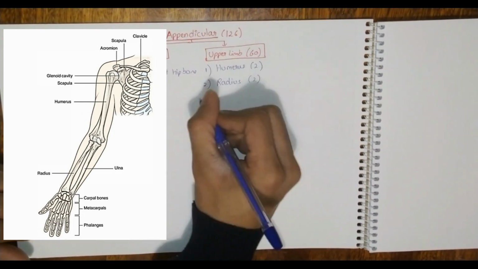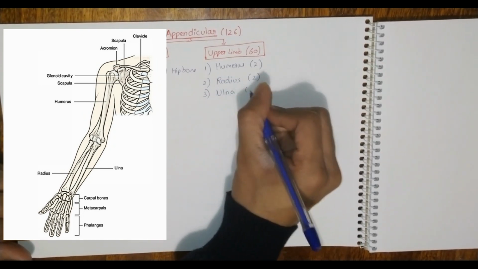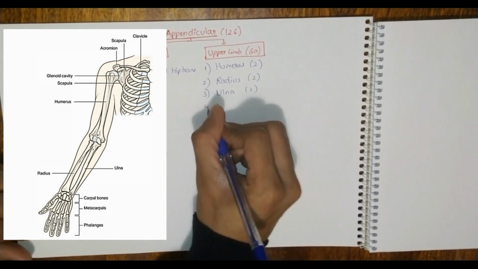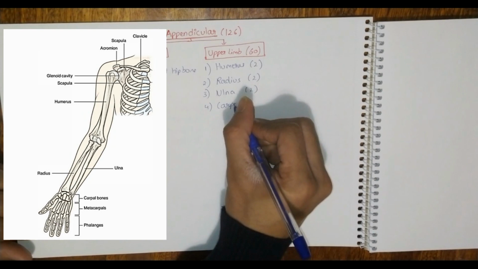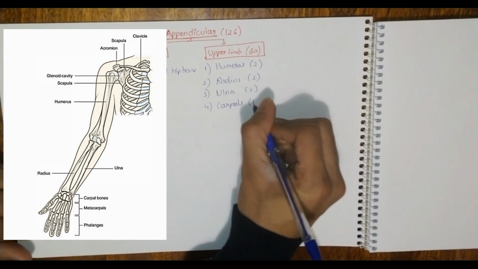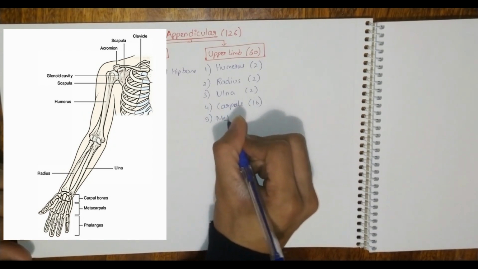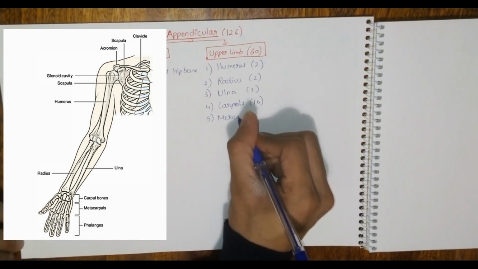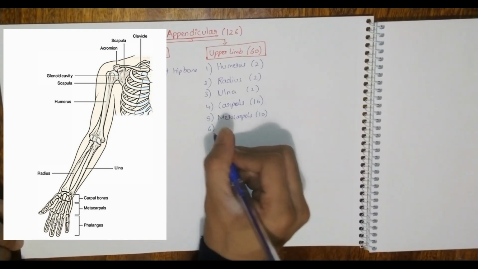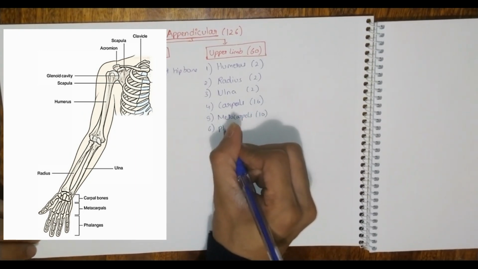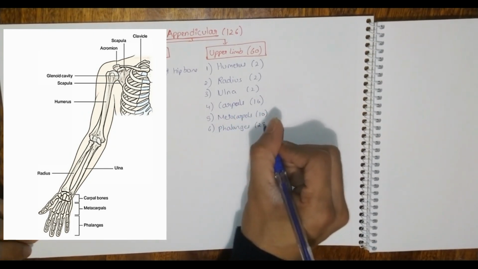2 radius, 2 ulna, 16 carpals, 10 metacarpals, and 28 phalanges.